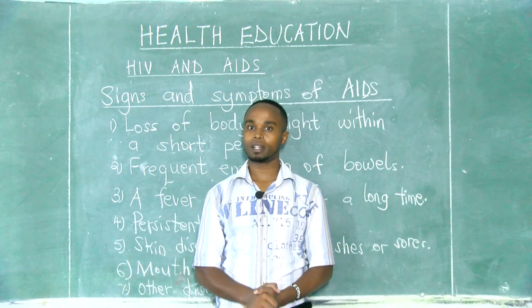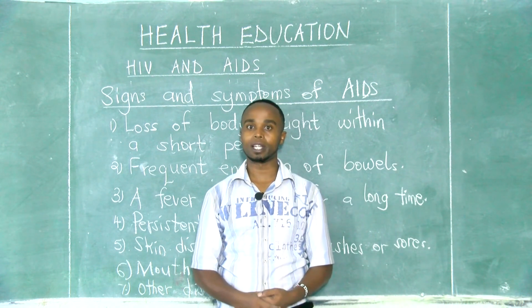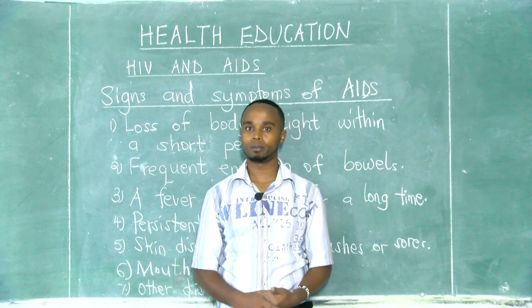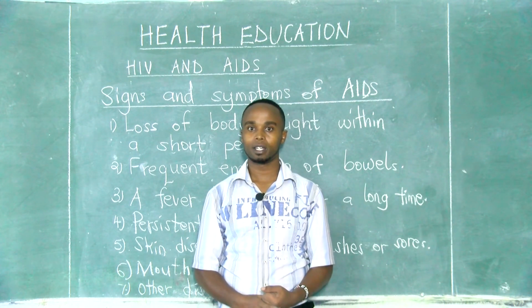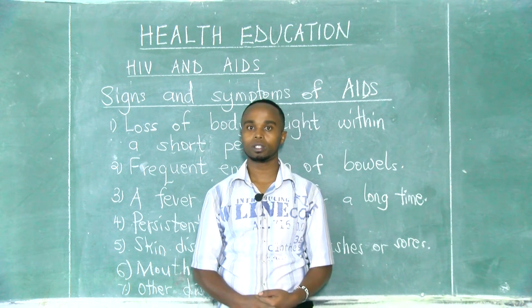Then after that, it's good to remember that we have some signs and symptoms. Make sure you go through the list that I have given out and the other signs and symptoms that you add. To conclude, I want to give you a few questions.